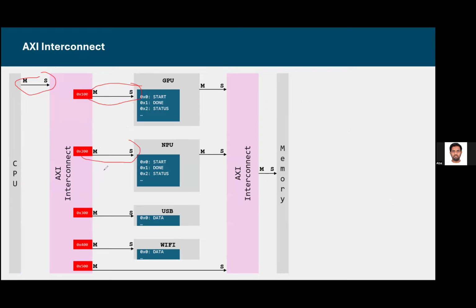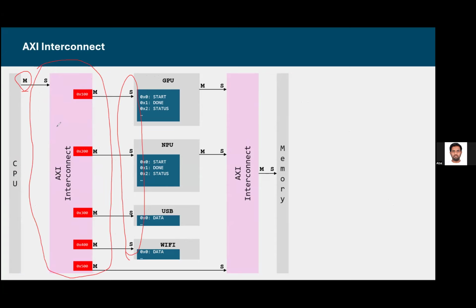To connect all these multiple subordinates to the same manager, you put this interconnect in the middle. This interconnect will connect multiple subordinates to one manager. How does it do that? For every subordinate, it will act as its own manager, and on the CPU side, it will act as one subordinate.